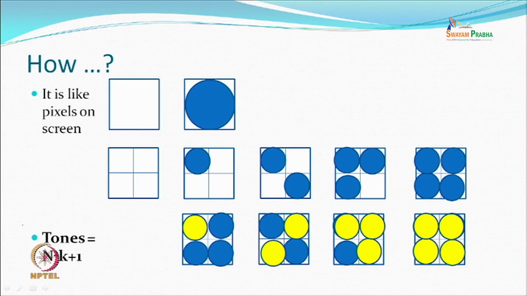A black could be black and a grey. And grey means what? Grey also means less amount of black, white was already there. So if you can create different shades with the same color because of resolution, then automatically shades keep increasing. And that is basically the principle that is used.